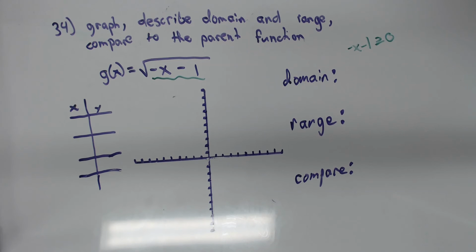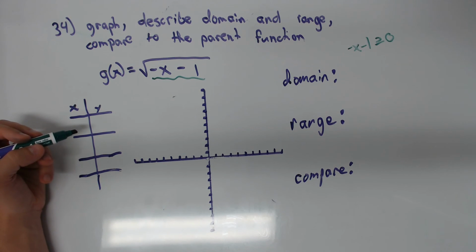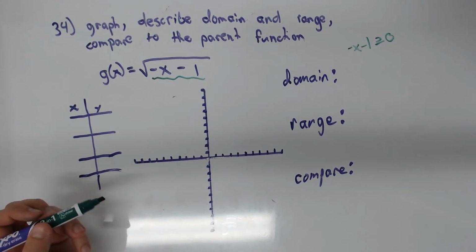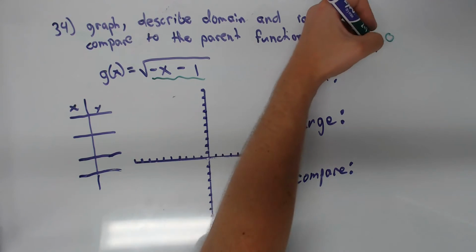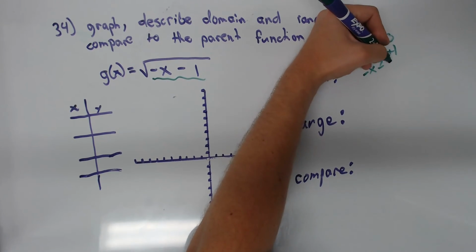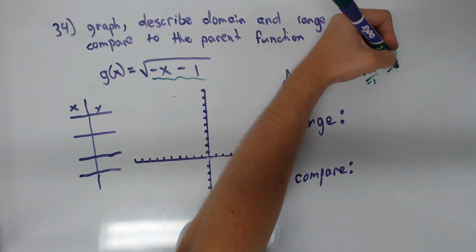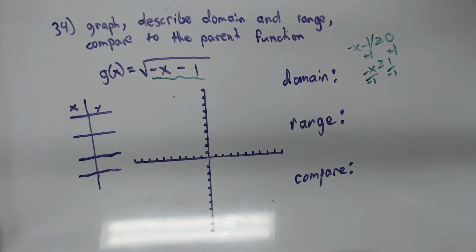Once we solve this, not only does it give us the starting location for our graph, it answers the domain question. So let's solve for x, plus 1 and plus 1. Negative x greater than or equal to 1. Divide by negative 1. That's important not to forget to flip the symbol here. We divided by a negative, so that makes us flip the inequality symbol.